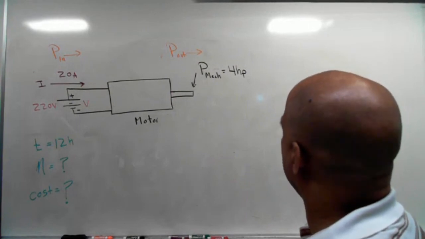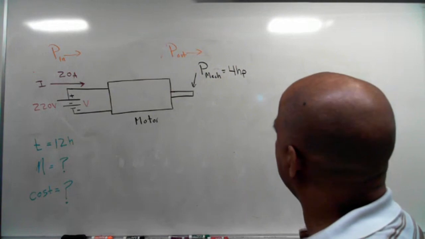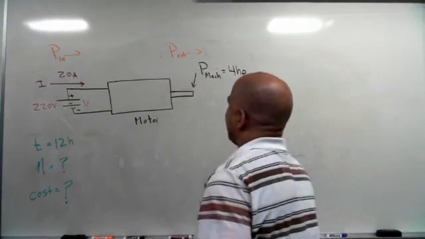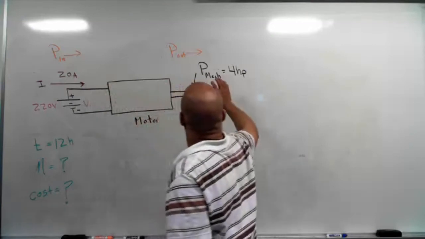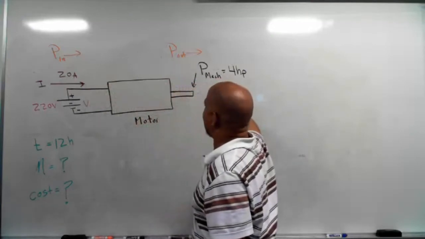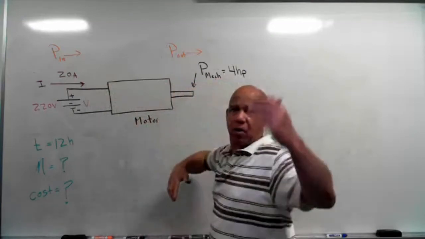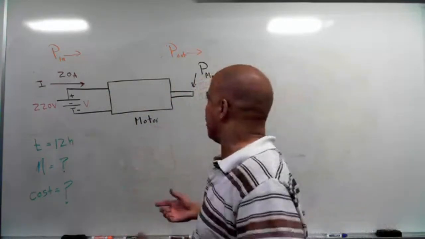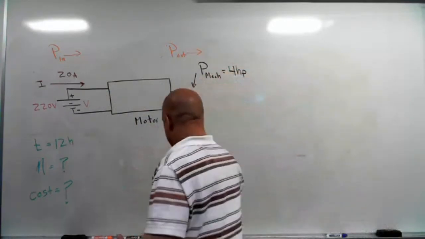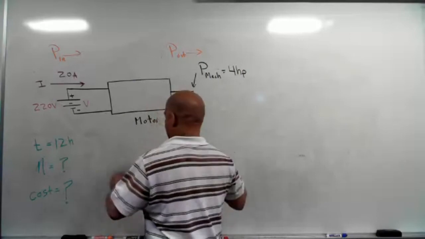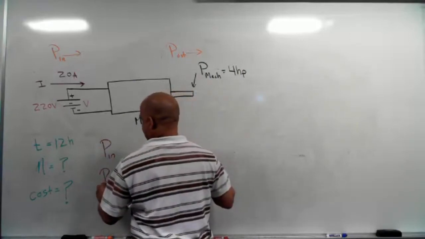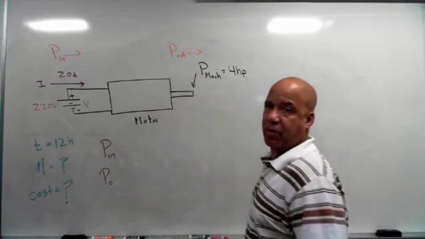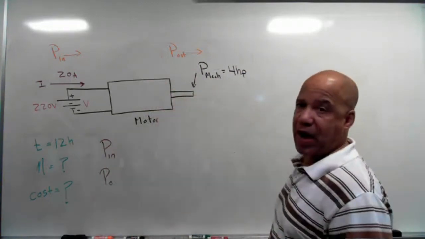So the first thing we want to do here is I have a mismatch. I have basically electrical energy coming in and mechanical energy on the outside. I've got to have either all horsepowers or all watts. So I'll need to calculate P in and P out, but I want both of those in the same units, and we're going to change them over to watts.